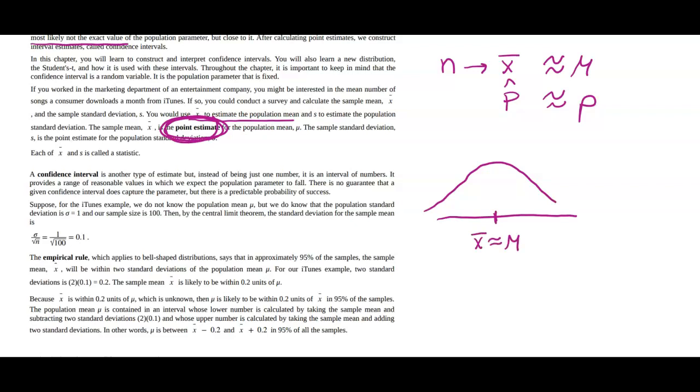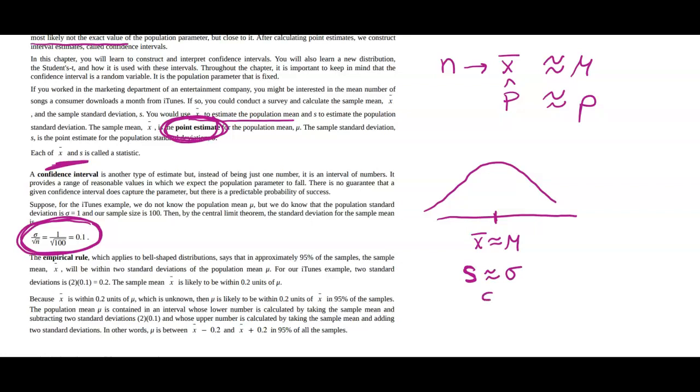And then we're going to use the standard deviation in order to figure out the spread. But since we're taking samples, notice by the central limit theorem, we're going to be looking at standard deviation over square root of n. We'll talk about this a little bit later in another video. When you only know X bar and S, and you don't know sigma, then you're going to have to use S to approximate your sigma.